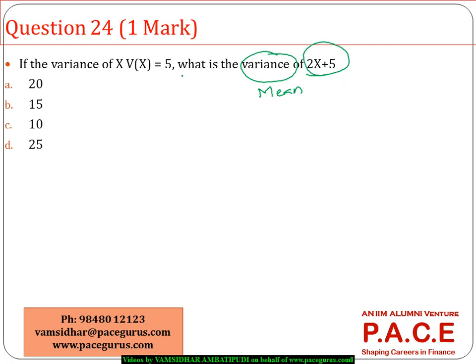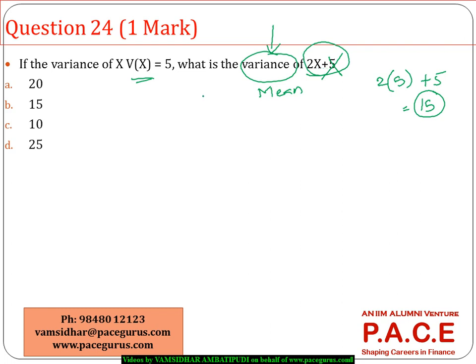So if the mean of x is 5, and the question is to find the mean of 2x plus 5, then you do it as 2 into 5 plus 5, 15. But if it is about variance, like this question, first of all, ignore this constant addition part.